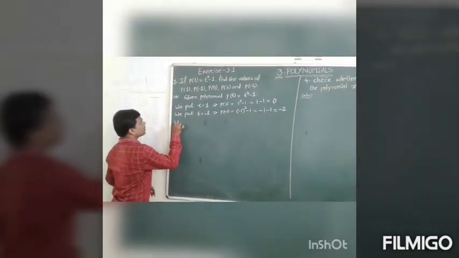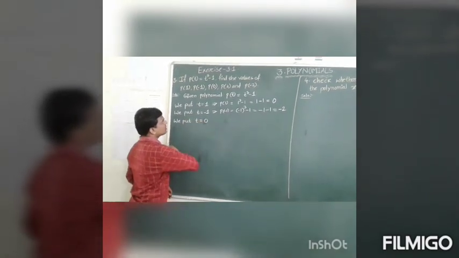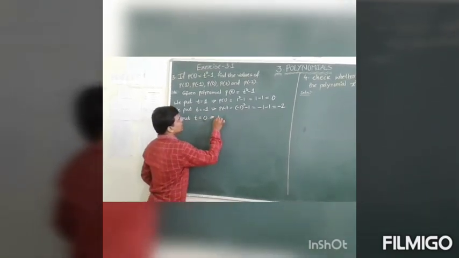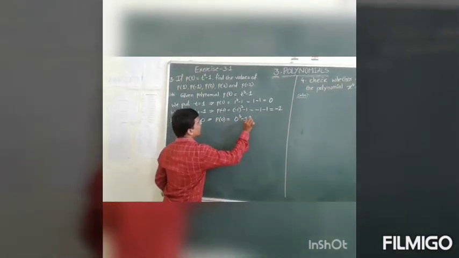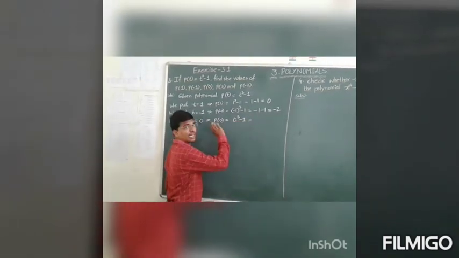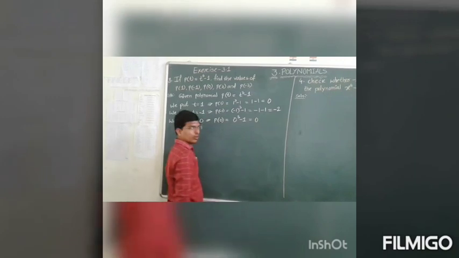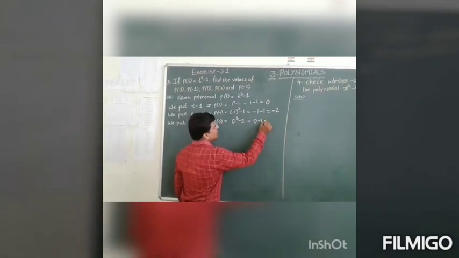Next, we put t is equal to 0. So we can write P of 0 is equal to 0 cube minus 1. 0 cube means we have to multiply 0 three times: 0 into 0 into 0, obviously 0. Then minus 1. 0 minus 1, how much? Minus 1.